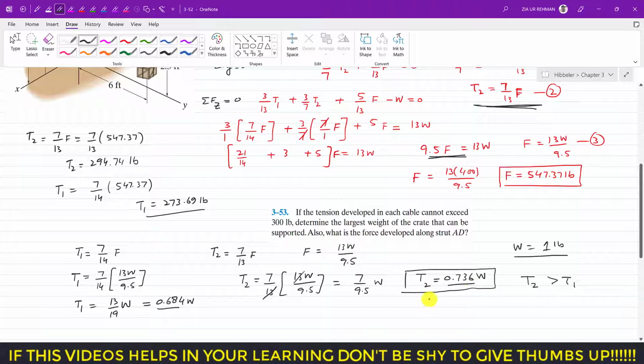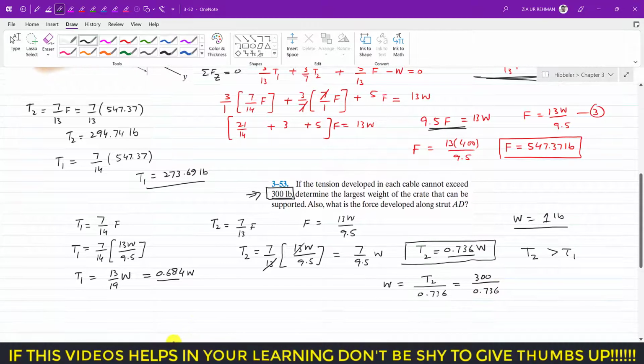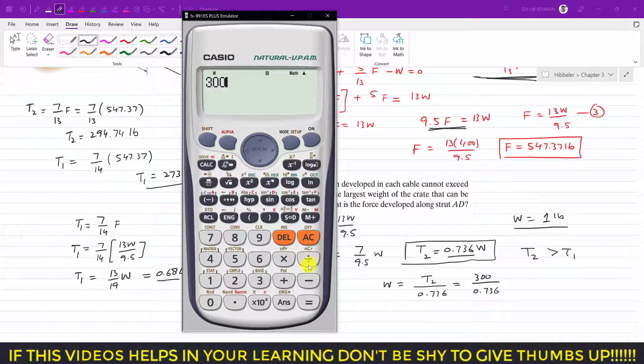From this equation we can write that W is T2 divided by 0.736, and T2 is 300 pounds, since it is carrying the maximum tension. So this is 300 divided by 0.736.